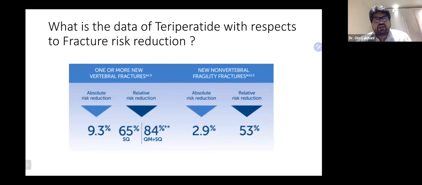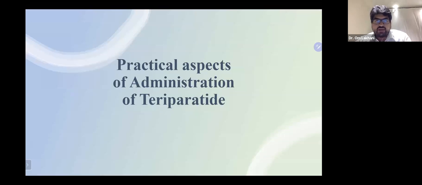In terms of absolute data, the absolute risk reduction of a new vertebral fracture is almost 9%, a relative reduction of 65%. And for non-vertebral new fractures, there is a reduction of about 3% with a relative risk reduction of 53%, right? So the absolute reduction in vertebral fracture is quite remarkable. So 10% is quite significant in terms of clinical practice.